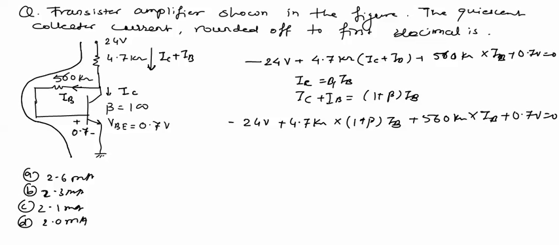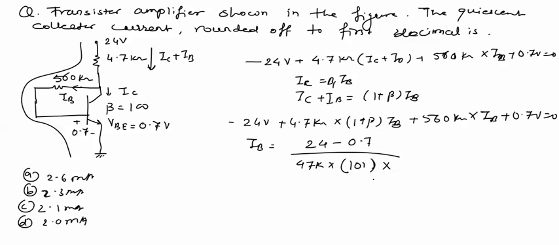Now in this equation there is only one unknown, that is IB, which is calculated as 24 minus 0.7 divided by 4.7k into 1 plus beta. Beta is given as 100, so 101, plus 560 kilo ohms.